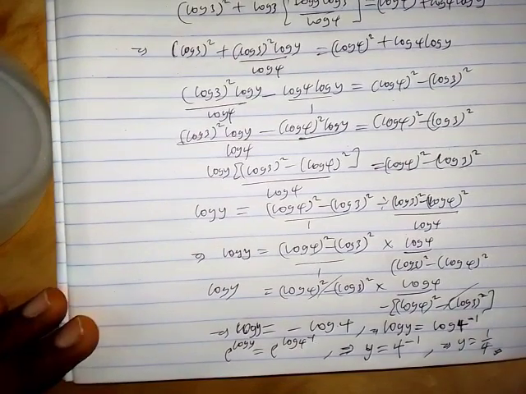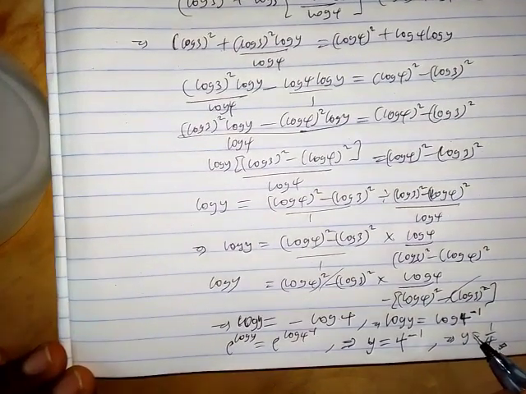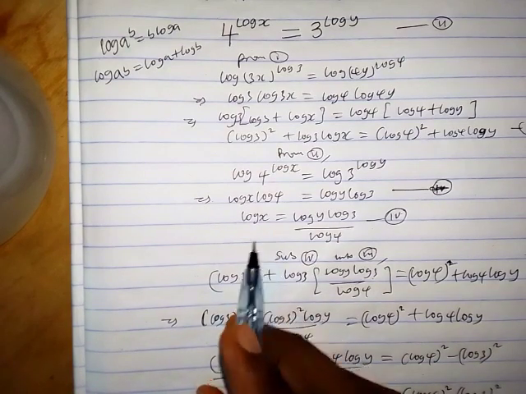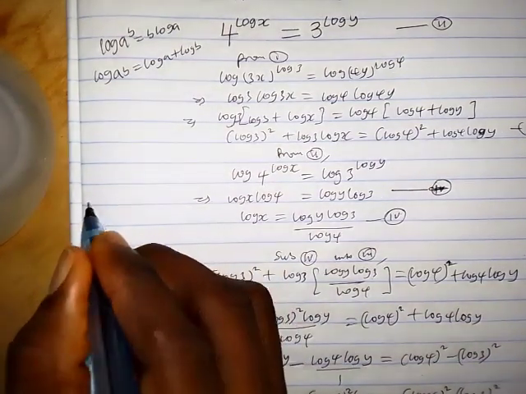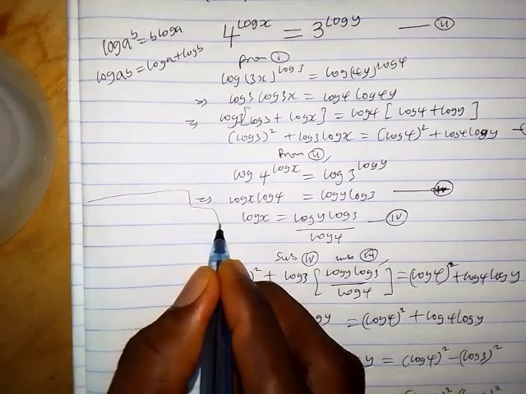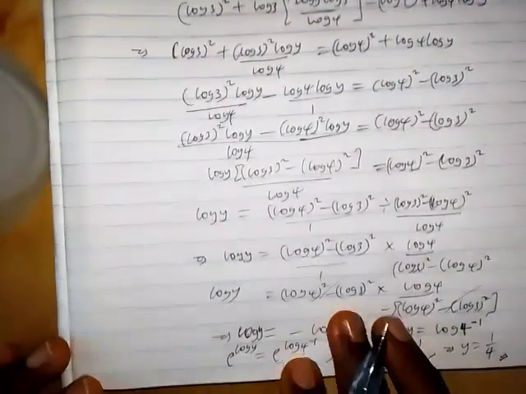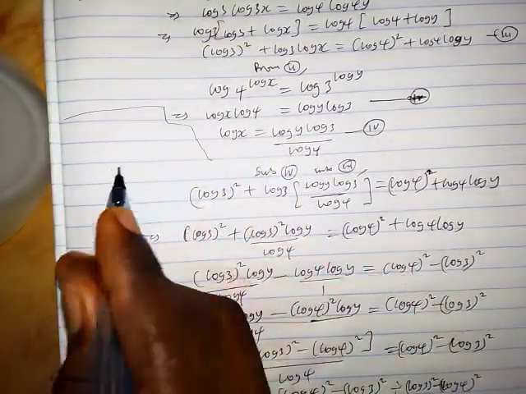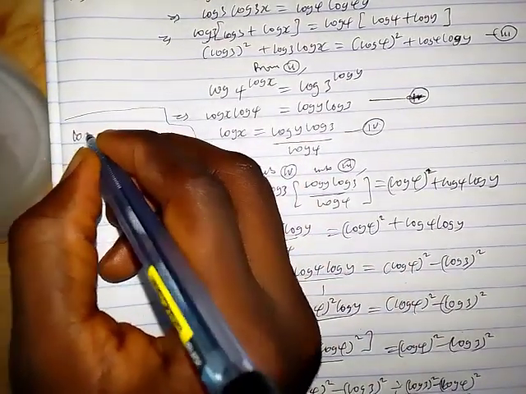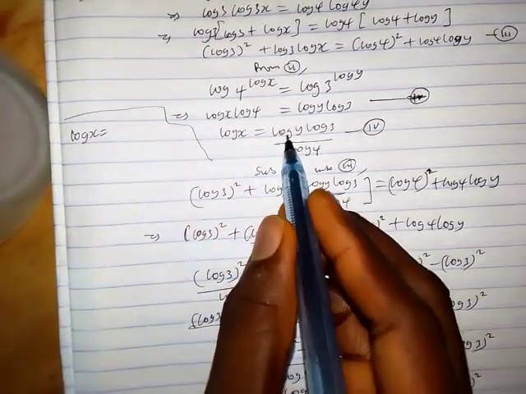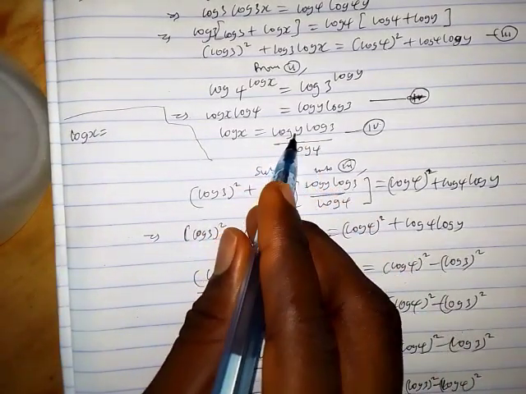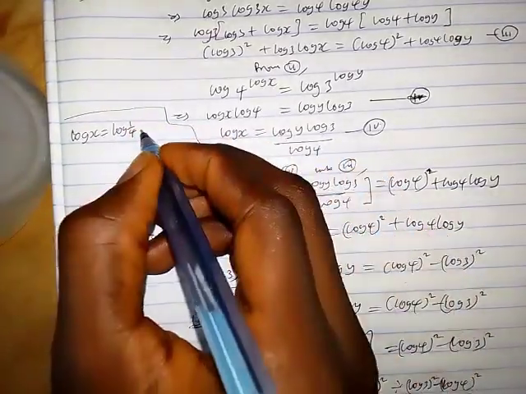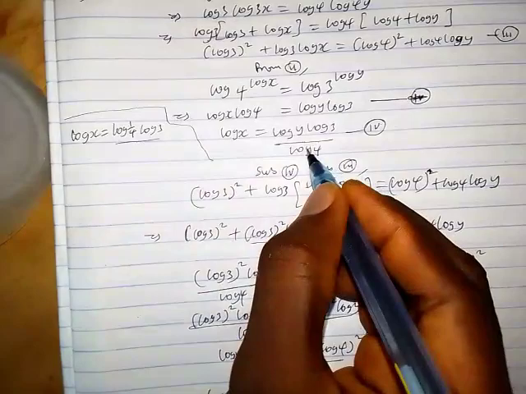Now, to obtain the value of x, just plug in the value of y into equation 4. Our value of y is 1 over 4. So we have log x equals log y, which will now be log 1 over 4, times log 3 over log 4.